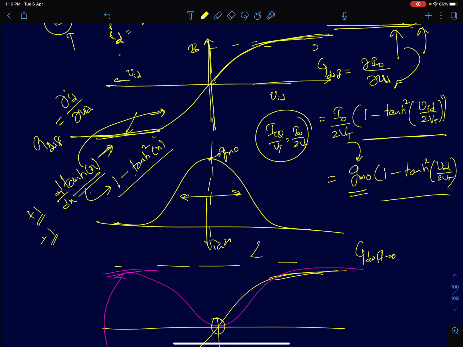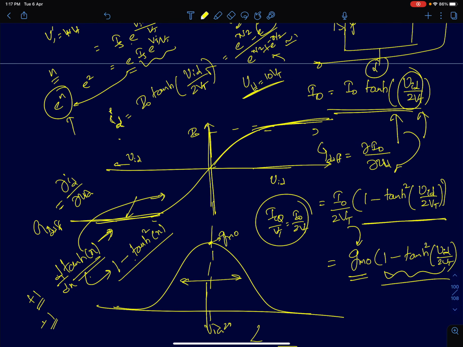So how does this function, 1 minus tan hyperbolic square VID by 2Vt, look like? Even before I make intuitive sense out of this, look at this function here. This is your differential current with respect to differential voltage.